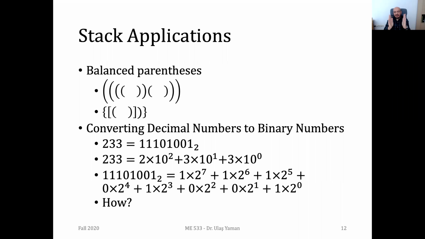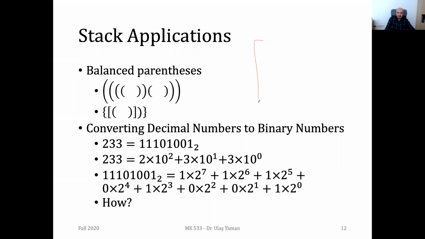You may have a stack data structure. While you are scanning this expression from left to right, you can put these left parentheses into the stack. And then once you see a right parenthesis, you should remove one item. You should pop an item from the stack data structure.